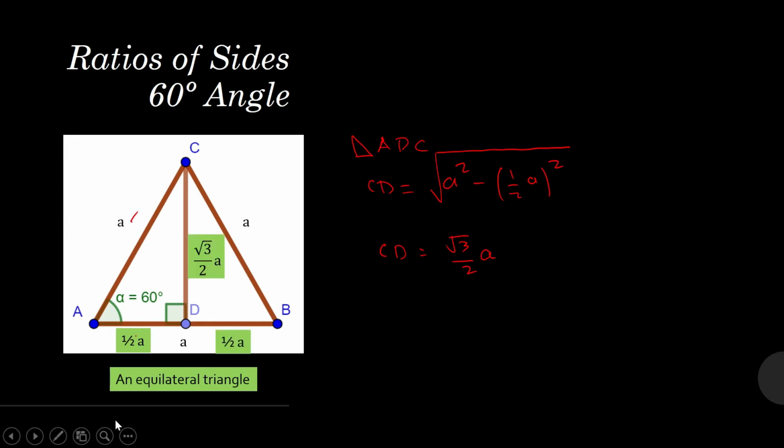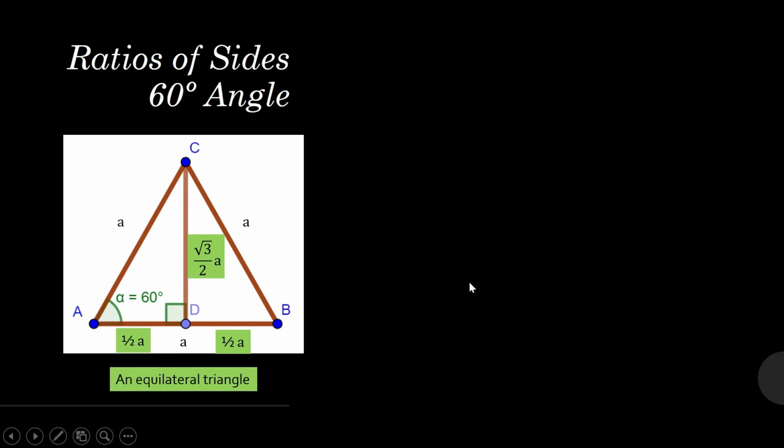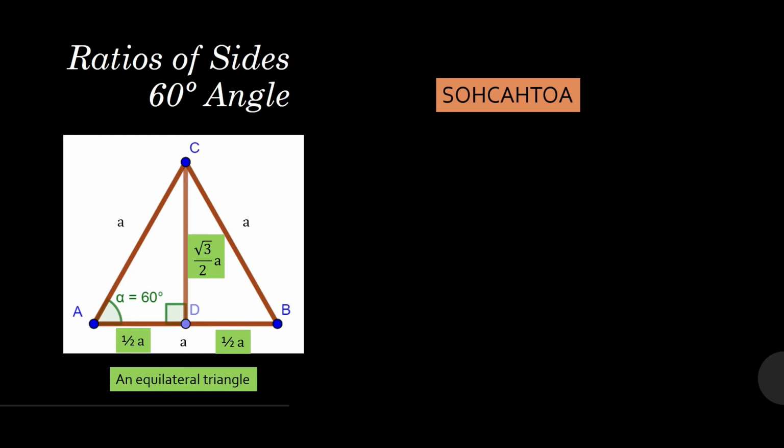So we are now prepared to produce the trigonometric ratios corresponding to a 60-degree angle. And we shall need your SOHCAHTOA to produce those ratios. S stands for sine, C for cosine, and T for tangent.